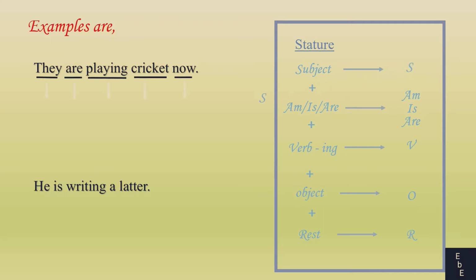In this sentence, they is the subject, then use are. Playing is verb-ing, cricket is the object of the sentence, now is the rest of the sentence. Okay, the second example is: He is writing a letter. In this sentence, he is the subject, then use is. Writing is used as verb-ing. A letter is the object of the sentence.